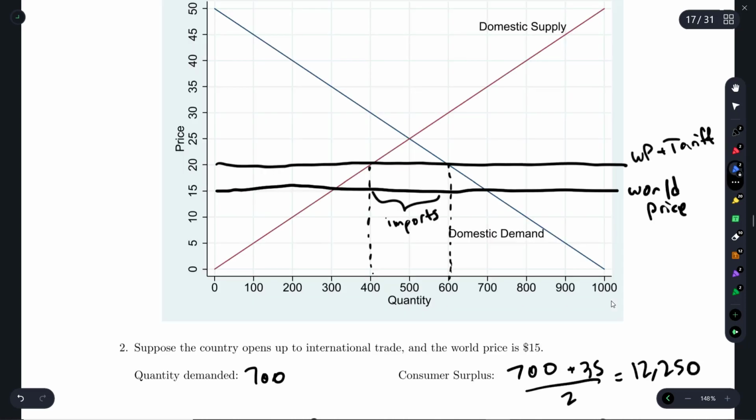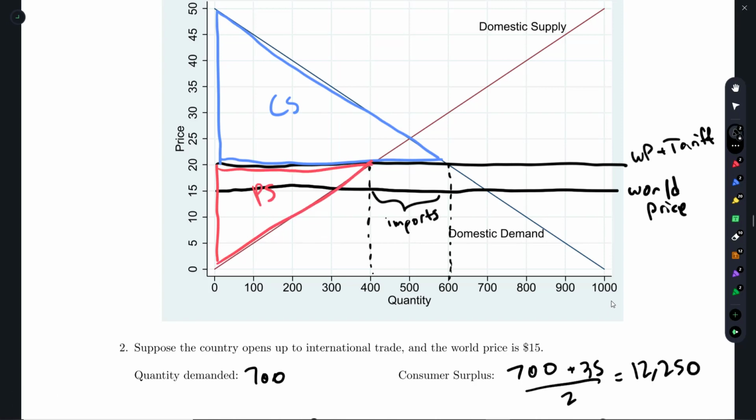Now we can figure out our consumer surplus, still the area below the demand curve above the price, but now we have to take into account the tariff. Same thing for the producer surplus, above the supply curve, below the new price. For consumer surplus, base of 600, height of 30.